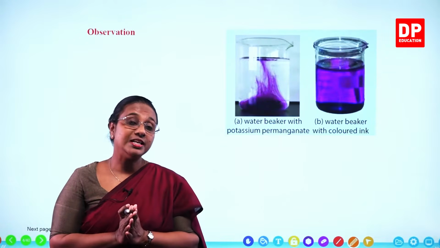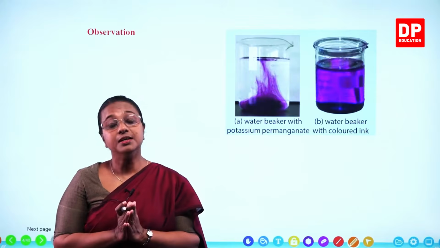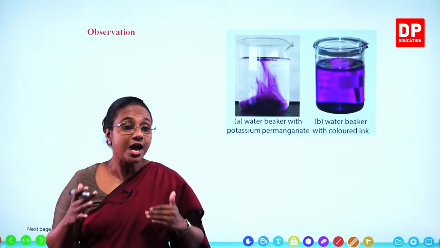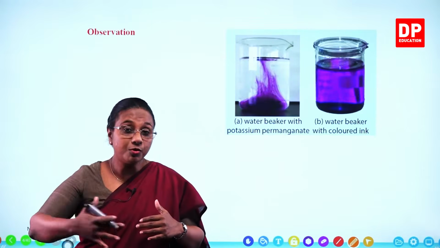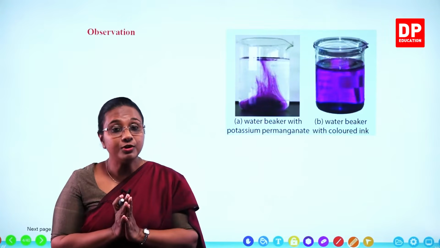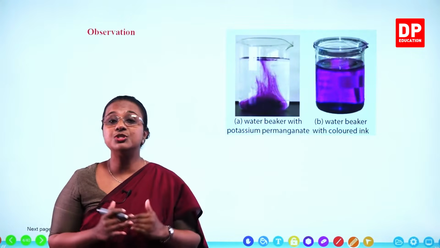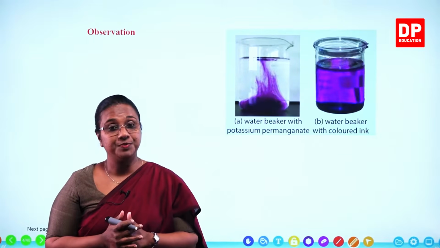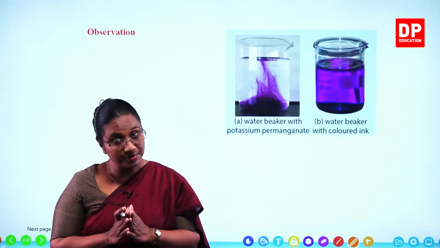After 5 minutes, what did I do? I moved the beaker so that we can shake the water inside. So, there you were able to see more spreading of the purple color, and finally the full water or the solution inside the beaker became purple in color. So, that was one observation.